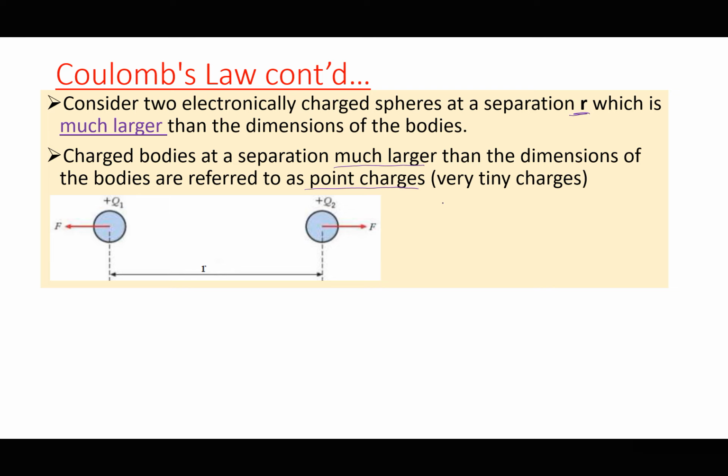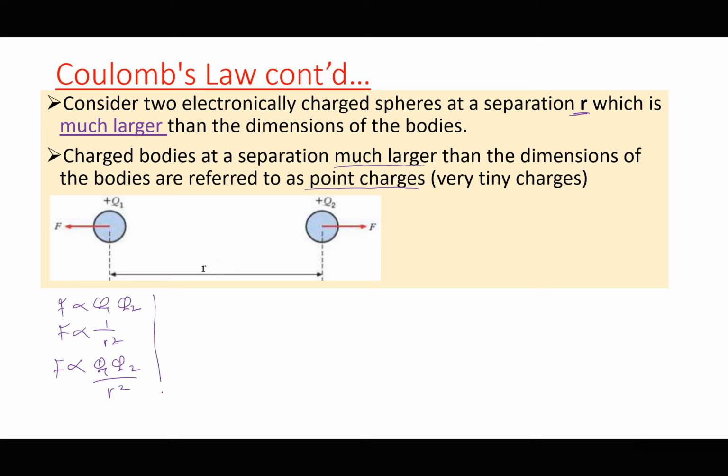The force F with which, say, charge Q1 is repelled by charge Q2 is directly proportional to Q1 times Q2. At the same time, that force is inversely proportional to the square of the separation between the two charges. When we combine these two, force is proportional to Q1 Q2 over r squared.